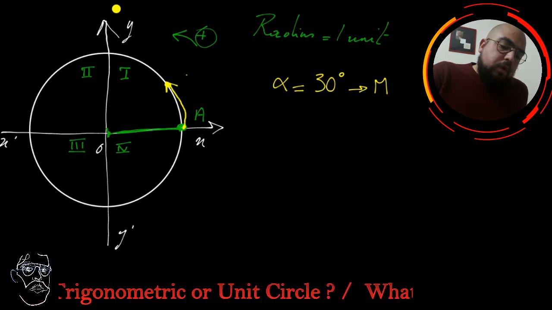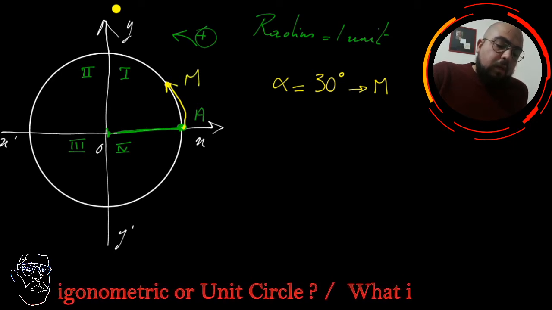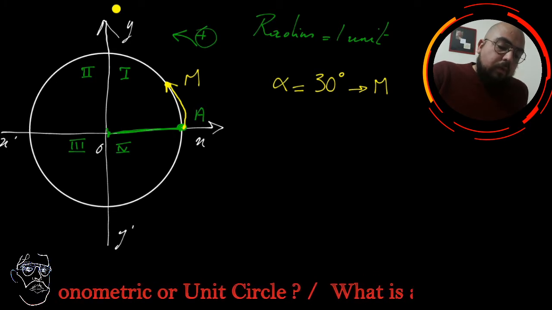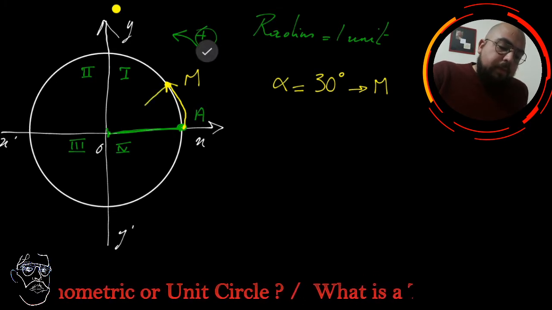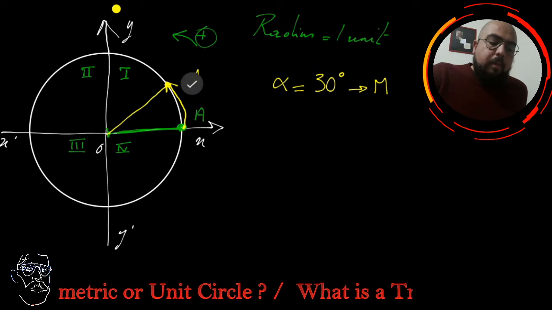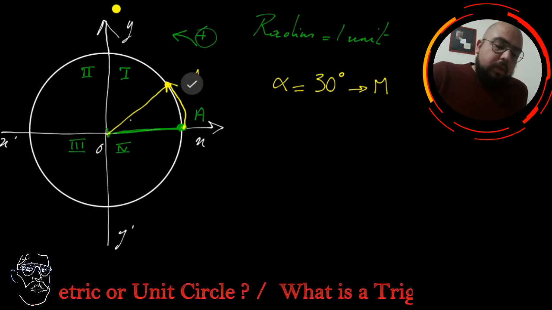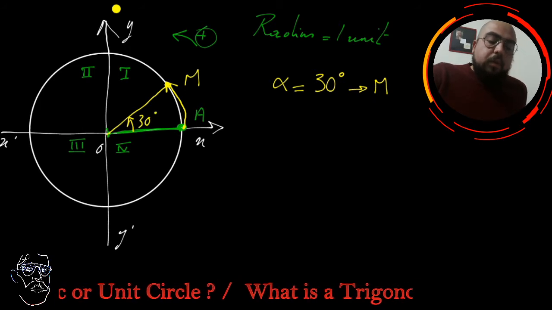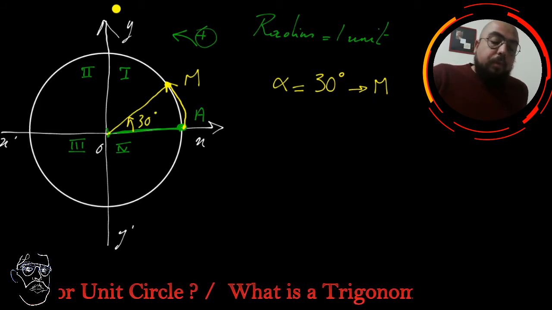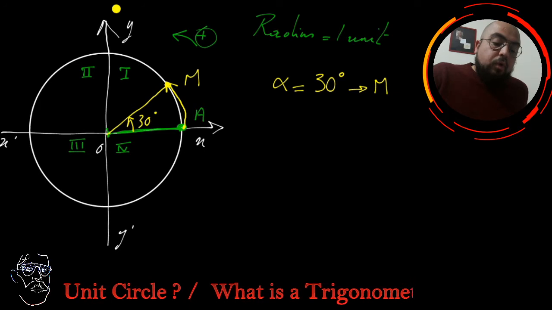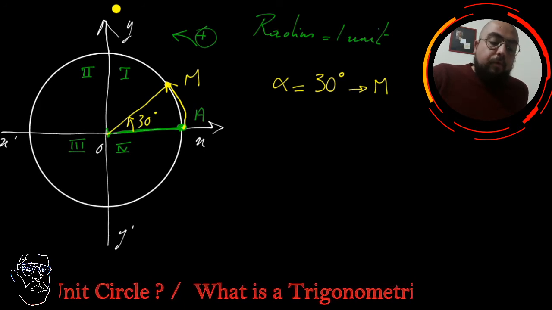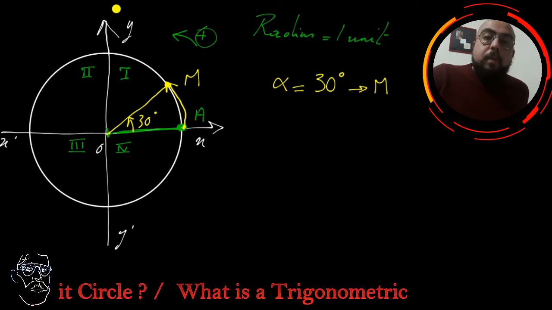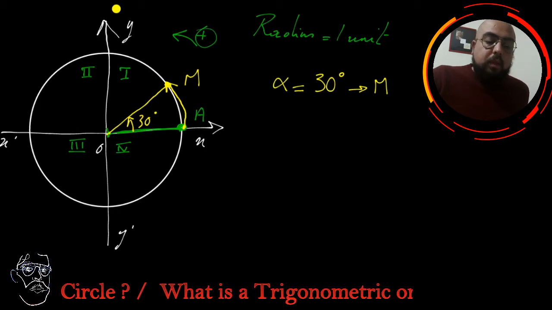At this position you will have the point A and the point M. So the angle between OM and OA is simply 30 degrees. You have to use the conventional orientation simply because your angle is plus 30 degrees.